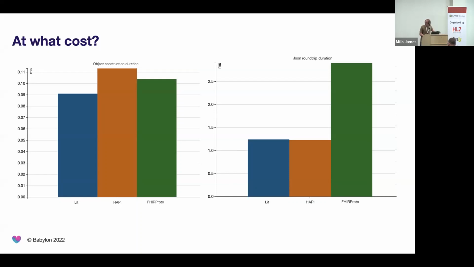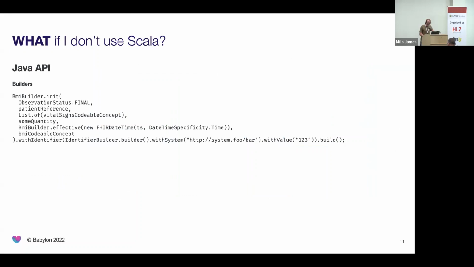So yeah, the runtime performance is actually fairly comparable to the other competing implementations on the JVM. I have been talking about this from the perspective of the Scala API. There is a Java one as well, and it has to be slightly different. In Scala, you have named parameters with default values.